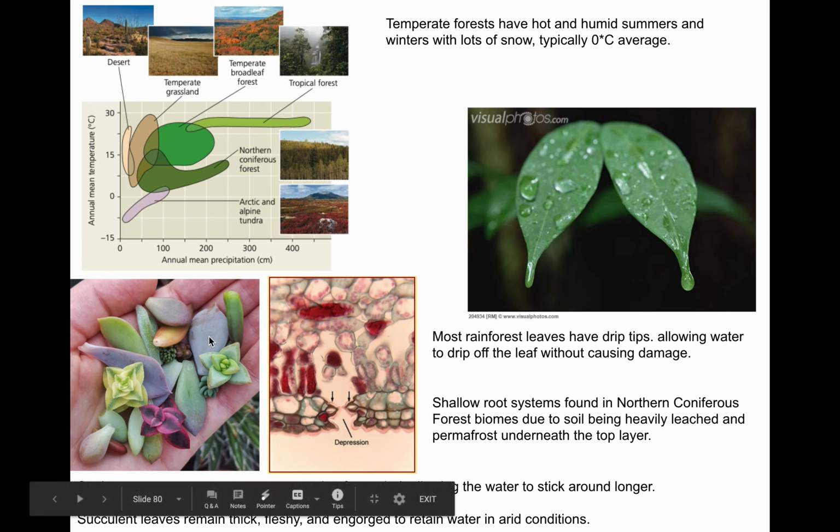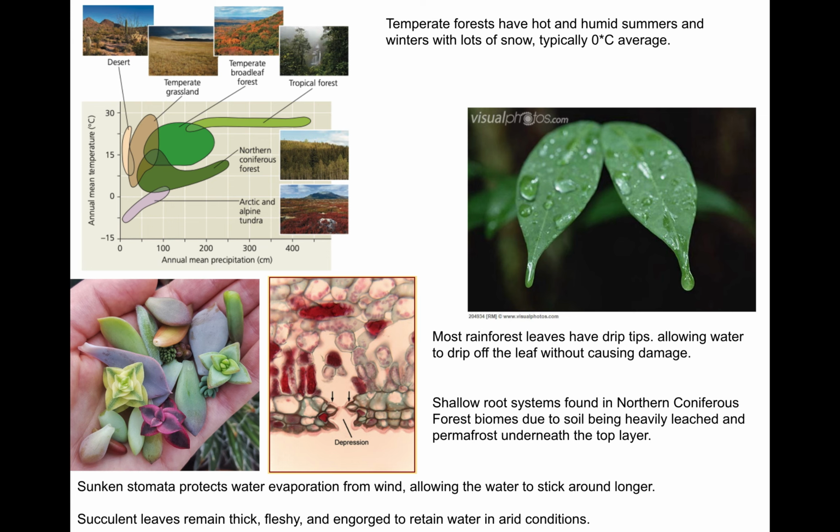With succulent leaves, these remain thick, fleshy, and engorged. Typically if you cut a succulent leaf, like an aloe plant, it'll have a bunch of sticky stuff in it. And it helps the plant retain water in arid conditions. So succulents do really well in hot, low moisture, arid conditions.